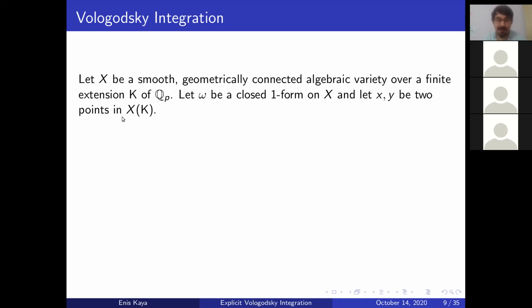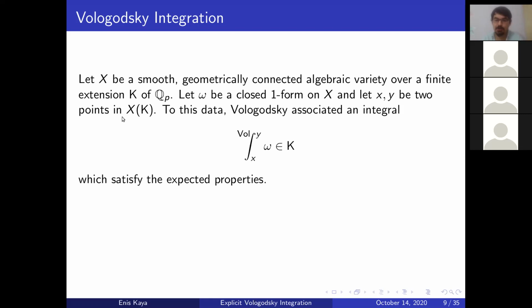So to this data, Vologodsky associated an integral denoted by this symbol. And this integral satisfies the expected properties. I'm not going to list them one by one, but basically, for example, it is additive in endpoints, it is additive in the form, and it is functorial, etc. And we call this integral the Vologodsky integral.